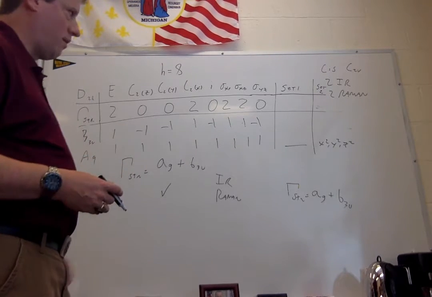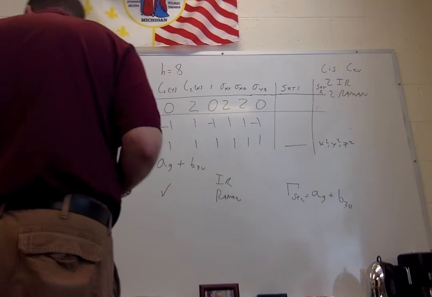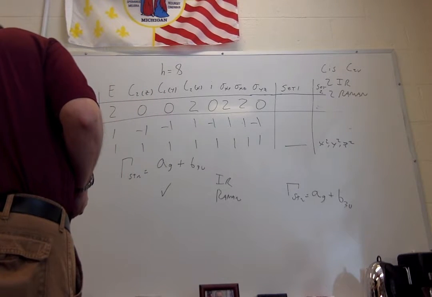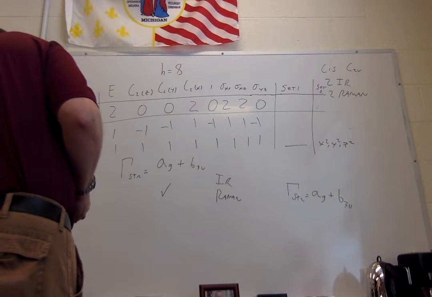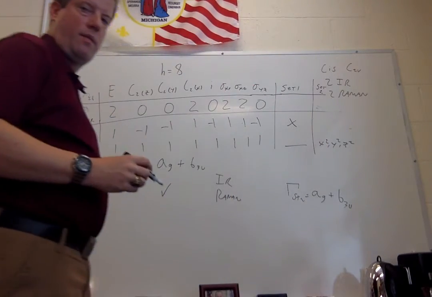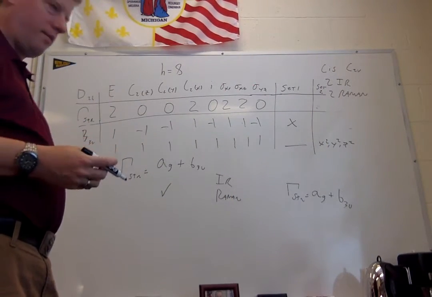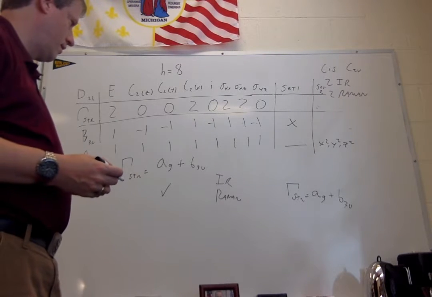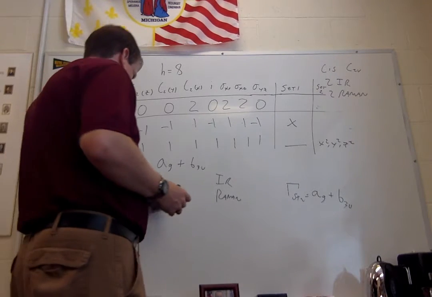What about the other symmetry that came out of our reduction? In set 1, I see an x, not an r sub x, a regular x.